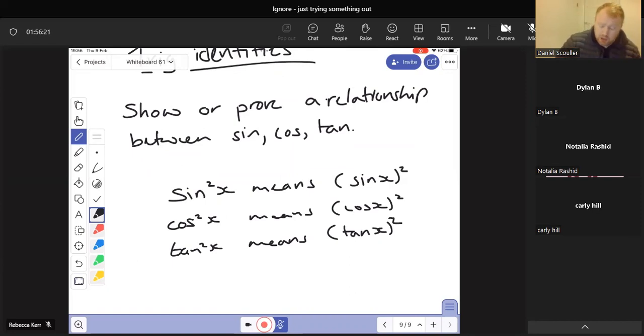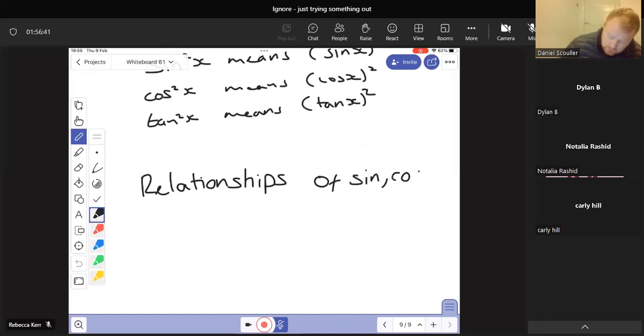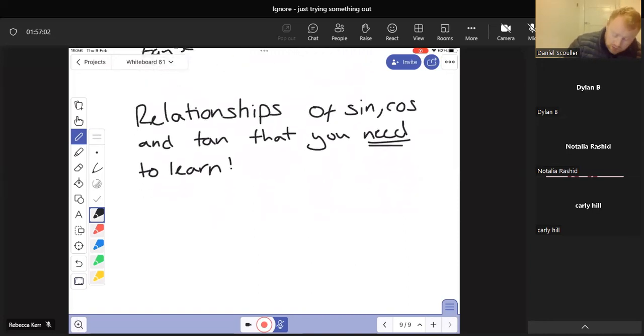Now, the relationships that you need to know, these are the relationships you need to know between sine, cos and tan. These are not given, but you need to know them to be able to do this.